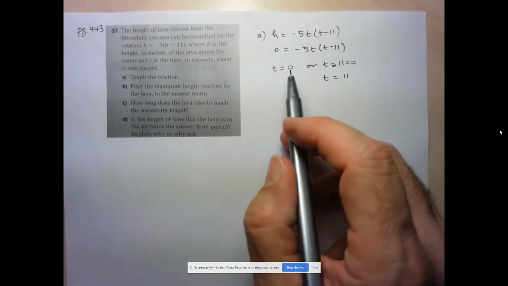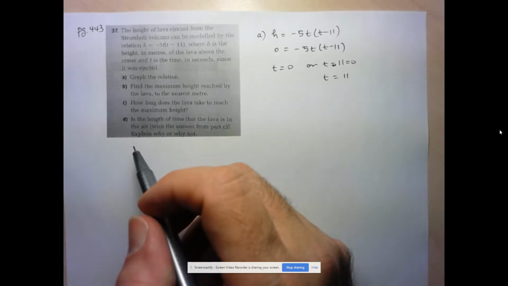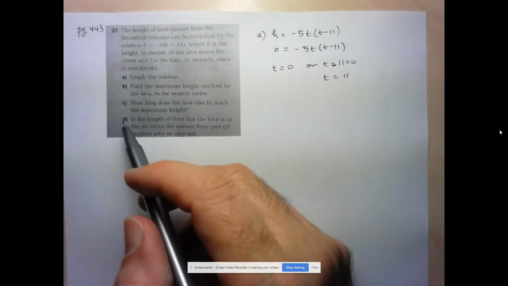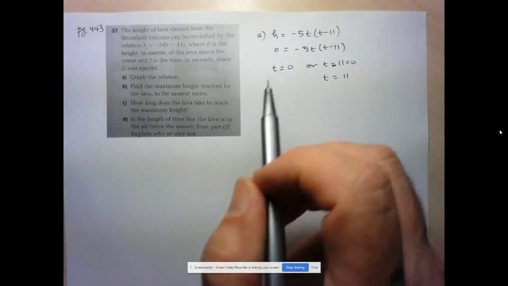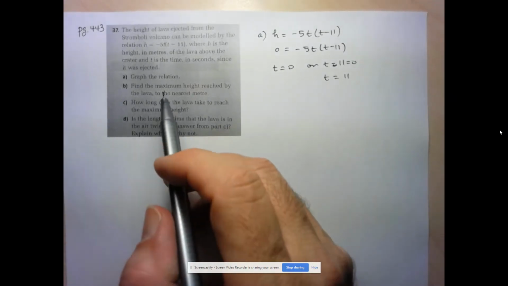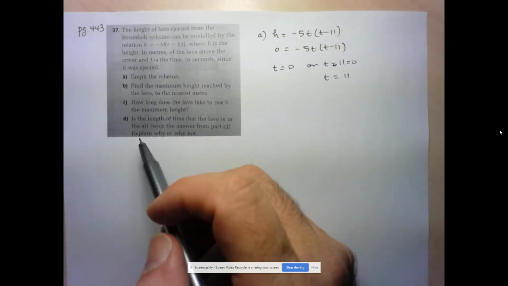Okay, so these are the x-intercepts, but if I want to graph this with a little bit more precision, I might as well also find the maximum point or minimum point. Now I see here, because of the negative 5, it's going to be a maximum point. And I also noticed that in parts B and C, they ask me about when the maximum is going to occur.